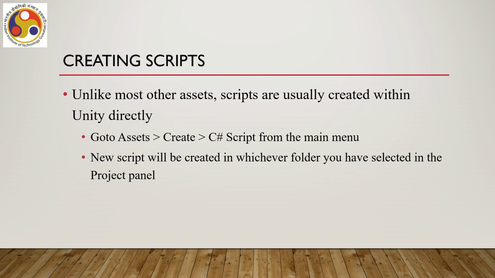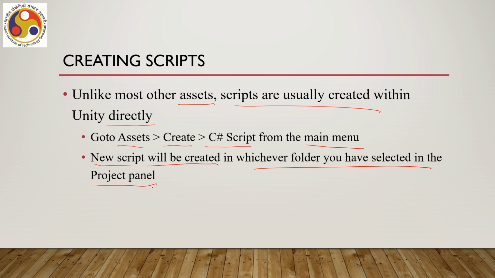How do we create scripts? Unlike most other assets, scripts are usually created within Unity directly, using the interface provided by the IDEs. We can go to Assets, then Create, then C# Script from the main menu to create a script. The new script will be created in whichever folder you have selected in the Project panel.